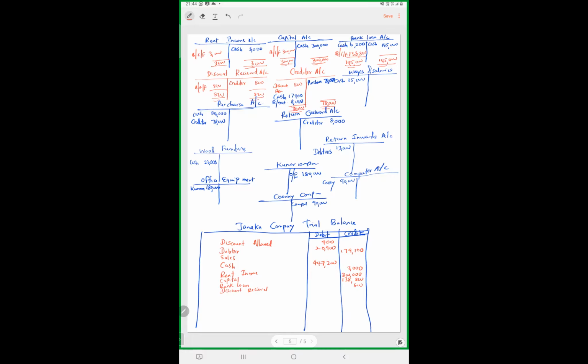So then you need to get the difference: 78,000 minus 800 minus 17,400 minus 8,000, 51,800, right? I don't have space, so that is why I mentioned it here. BCF. Creditor 51,800.